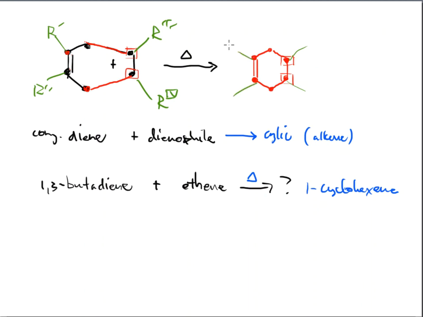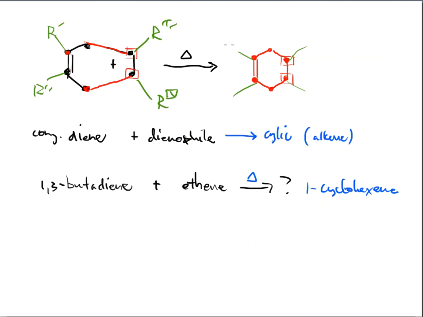The problem, they're not going to get disturbed. They're not going to change. They're there. They're going to come along for the ride. No reaction is happening with those groups and those substituents. It's only between the conjugated system and the dienophile that a reaction is happening. And this is merging the two together to form a ring structure.